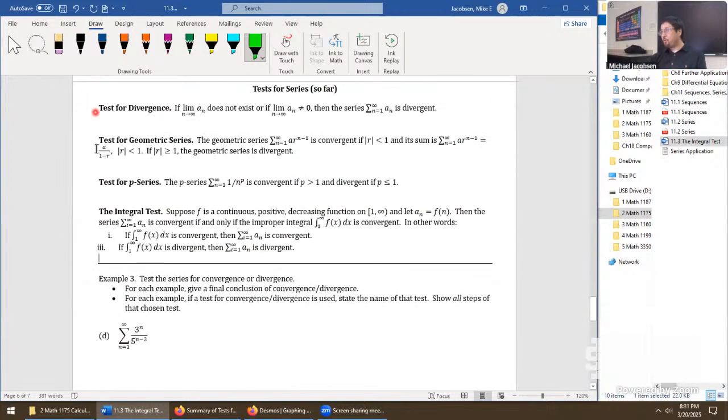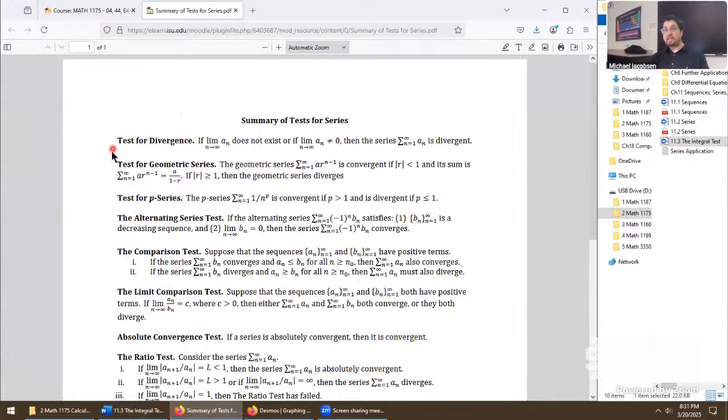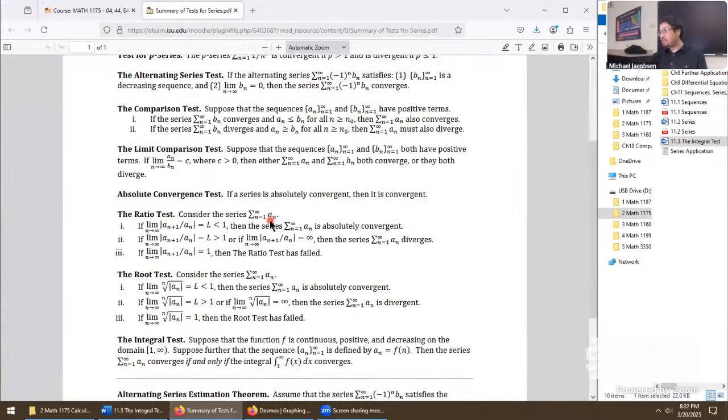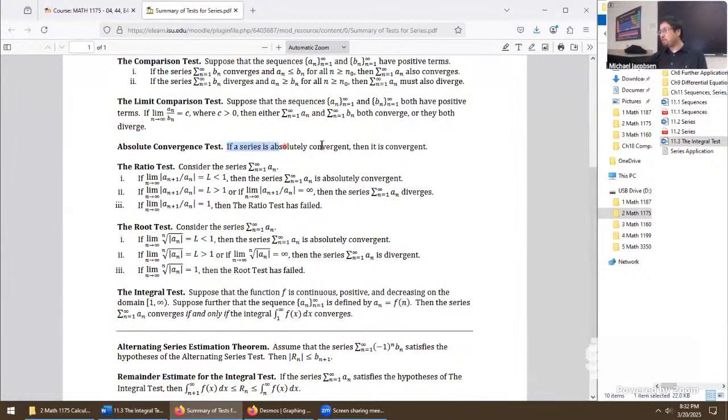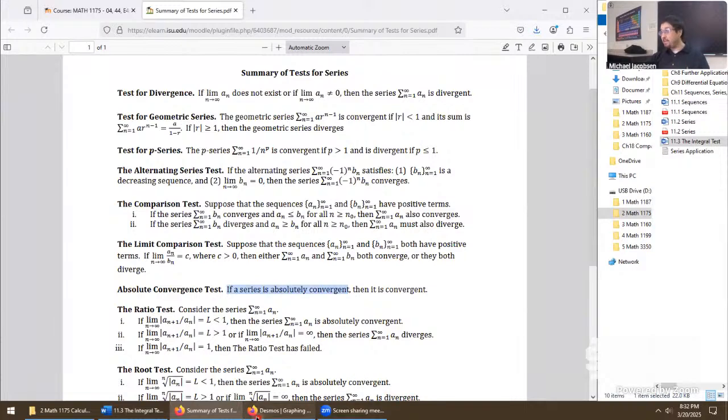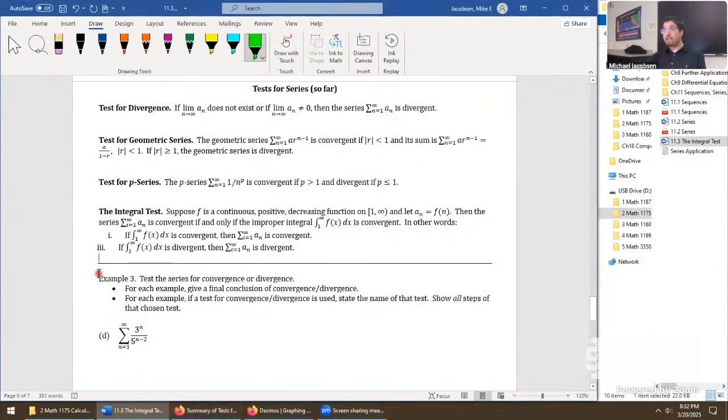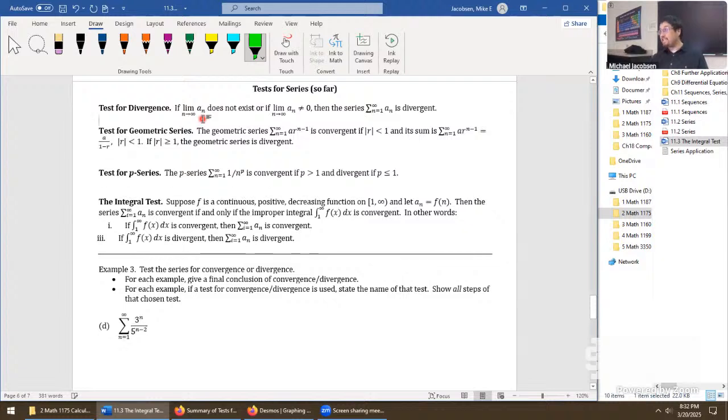Every time we start picking up more and more tests, we're going to wrap up with a kind of review subsection because our major goal is to learn how to tell between all the different kinds of series and all the different kinds of tests, so that when we start doing things like absolute convergence, and it involves a bunch of other tests all at the same time, we'll be way more fluent on how to pick out the right one. So it's not about learning the tests in isolation. It's all about telling them apart and seeing which one to use at the right time.